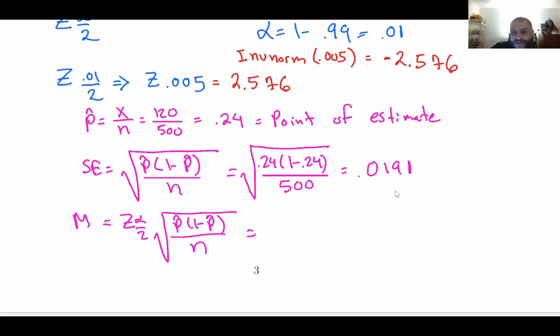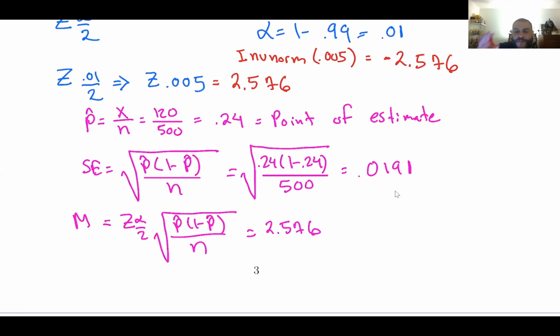There you go, 2.576. That's what your z value is equal to. The 0.01 divided by 2 we used in order to get the z value, but once you get it, z alpha divided by 2 is equal to whatever you got in the inverse norm.